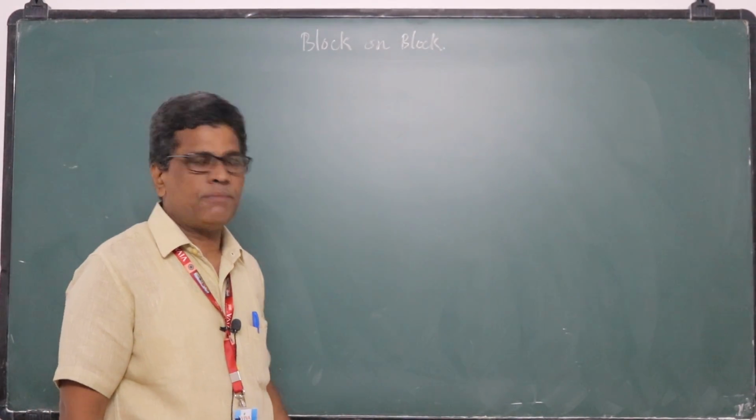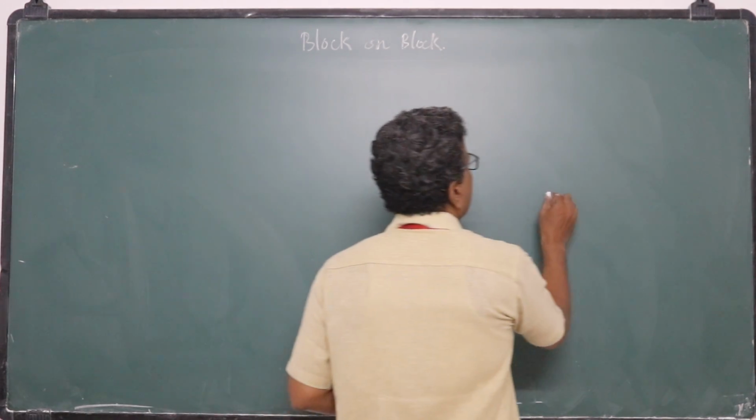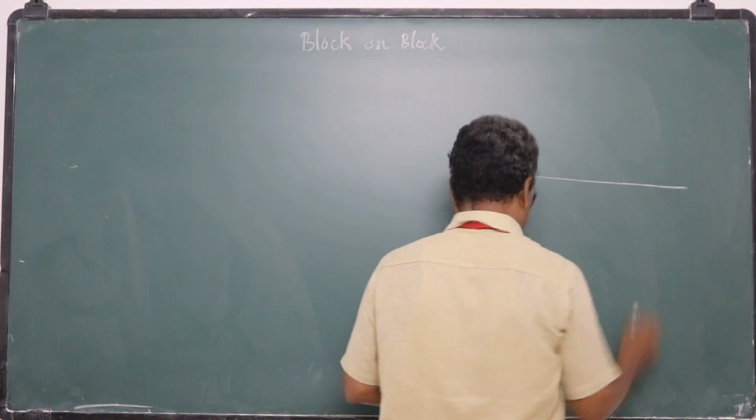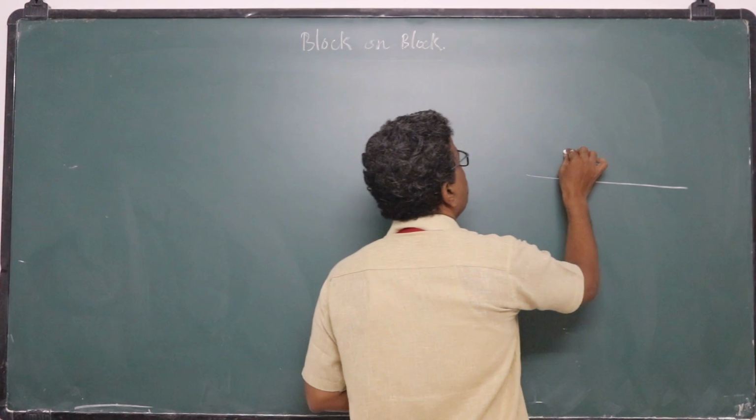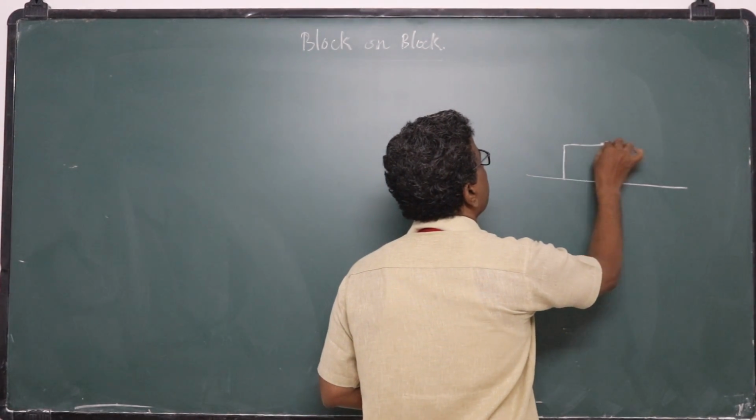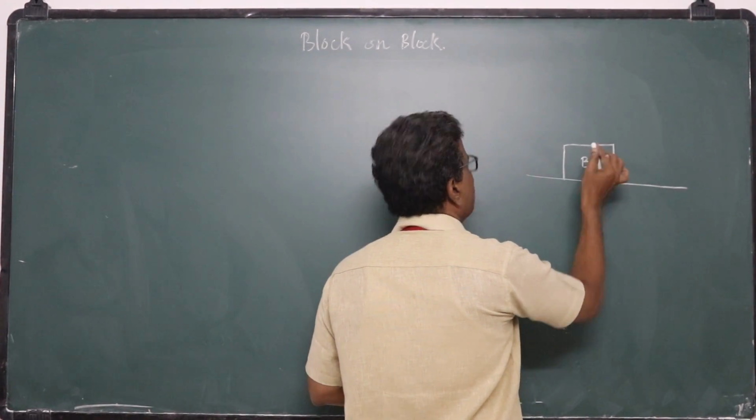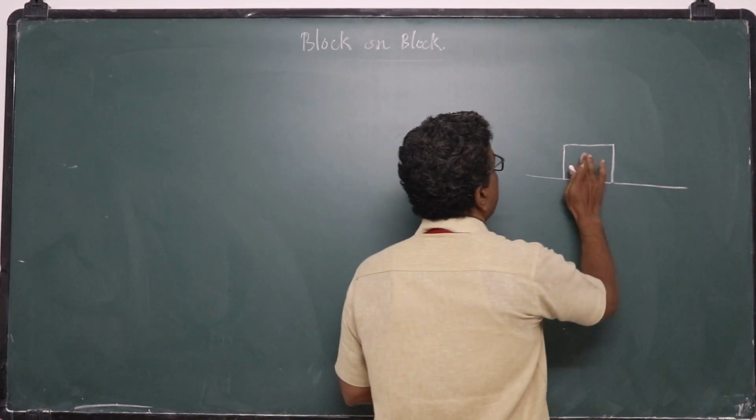Okay, you take another problem. I will draw the diagram first. So there are two blocks. Block B, whose mass is 20 kg.